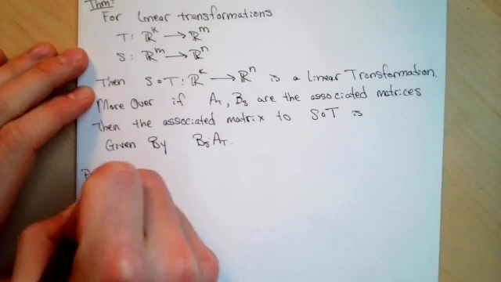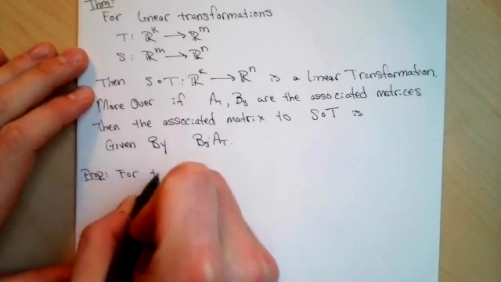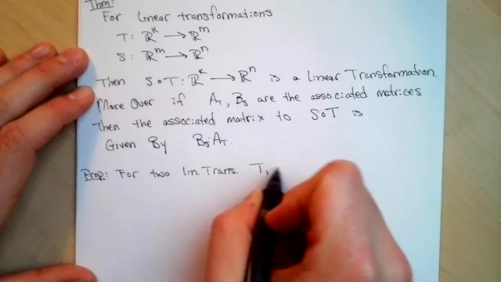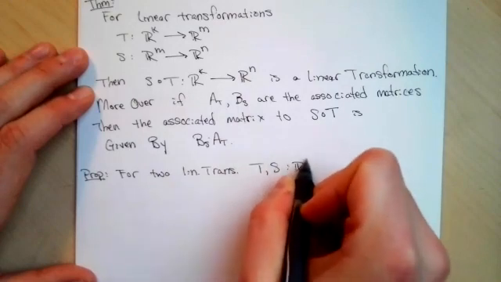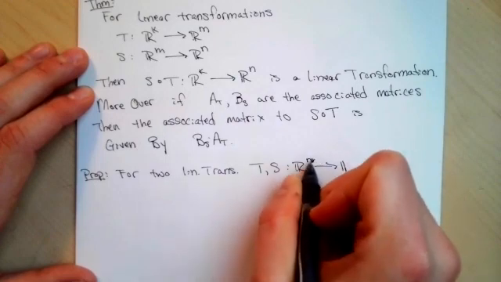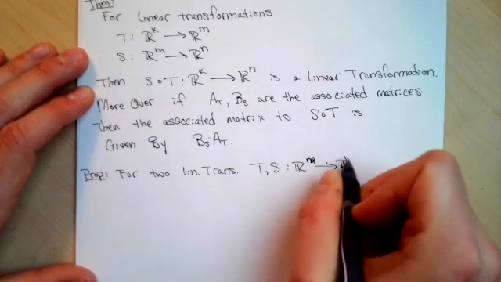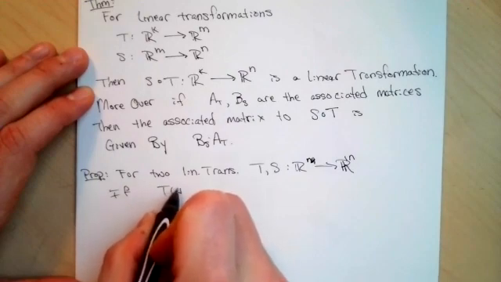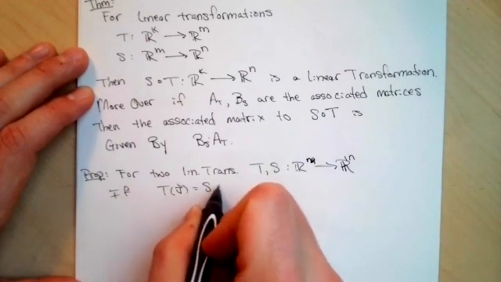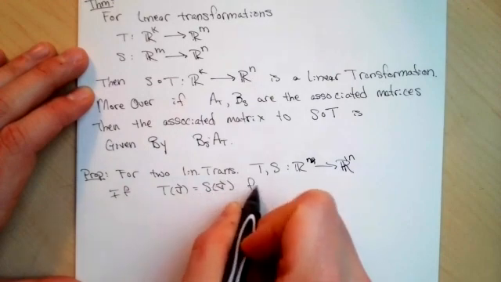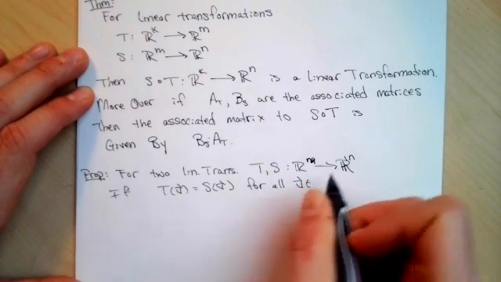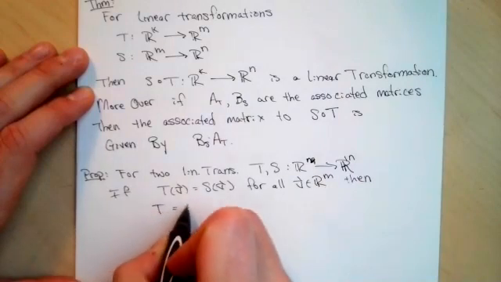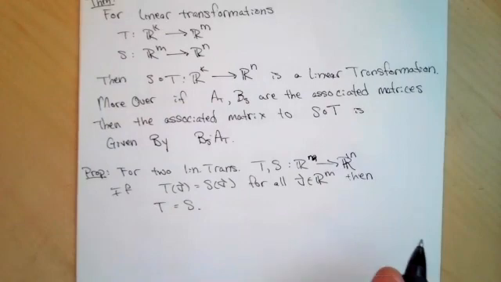Proposition or theorem: for two linear transformations, T and S, from Rn to Rm, let's say Rm to Rn, if T of V equals S of V for all V, then T equals S.